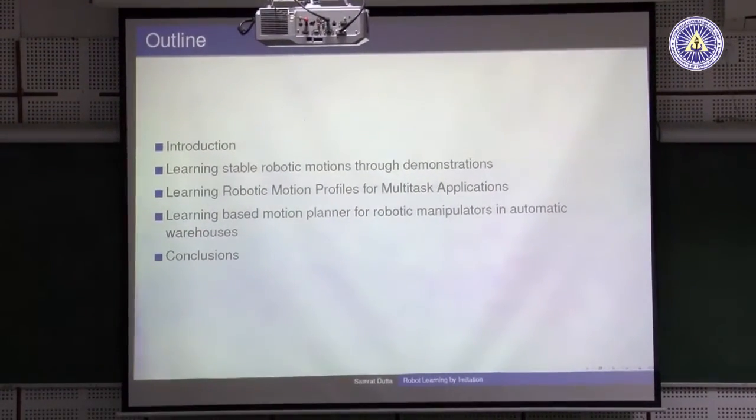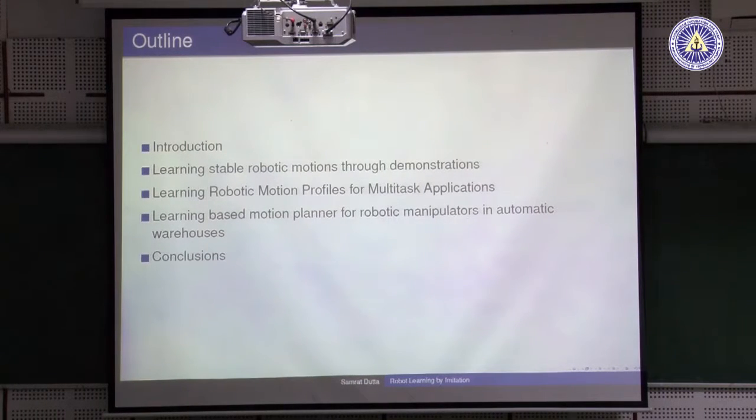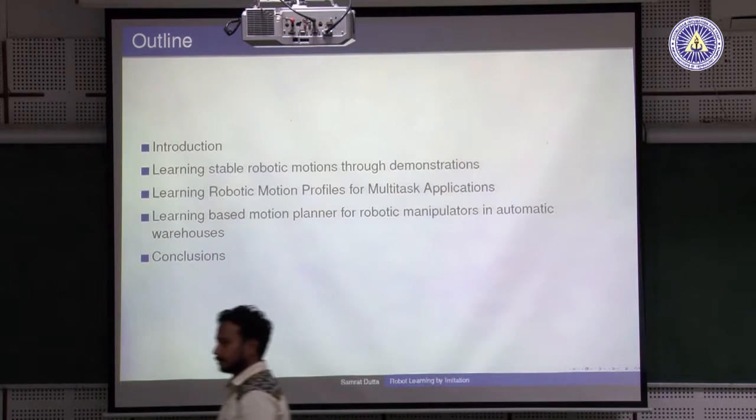Then we will talk about how multitasking profiles can be incorporated in a model. Then I will talk about an application where we teach the robot how to pick and place objects in an automated warehouse. Then I will conclude. I hope the time will permit.